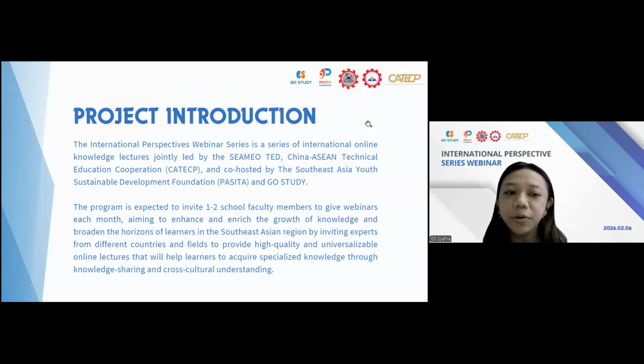This program is expected to invite 1 to 2 school faculty members, and it aims to enhance and also enrich the growth of knowledge, also to broaden the horizons of learners in the Southeast Asian region.